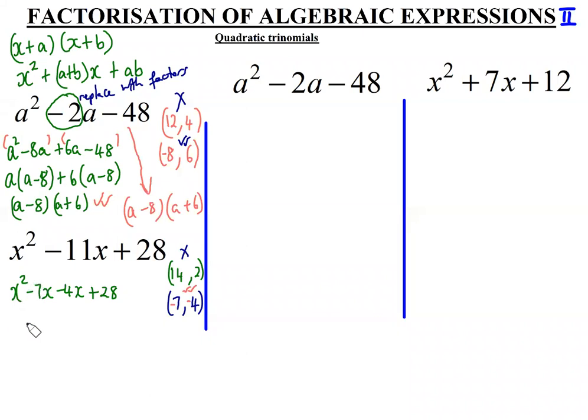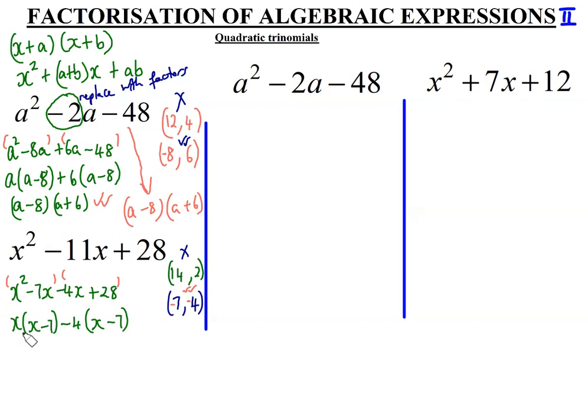Then we factorize the first part on its own and also the second part on its own. Then we say x outside, and we have x minus 7 in the bracket. Then we take out negative 4, and we have x minus 7 in the other bracket.